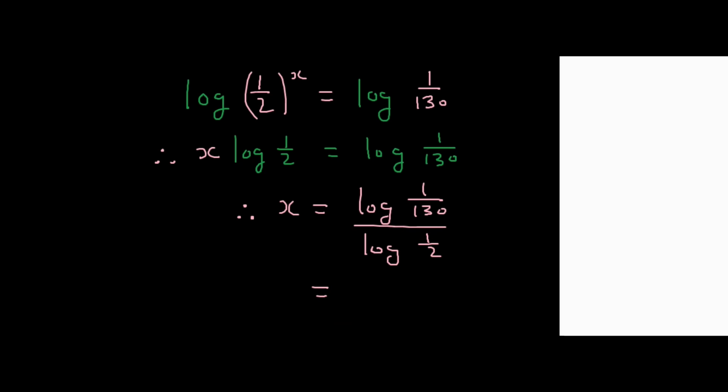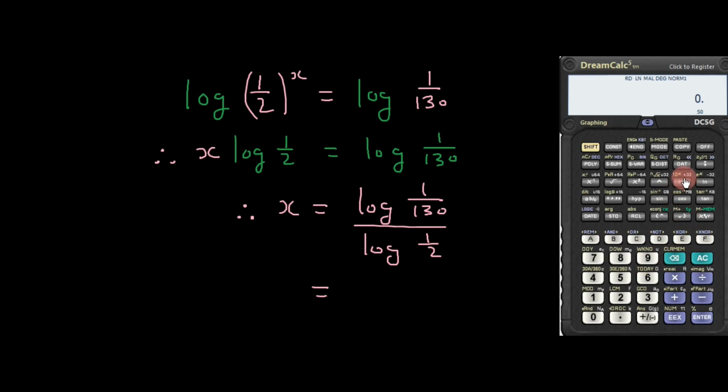And this we can do on a calculator. So the log of 1 over 130 divided by the log of a half.